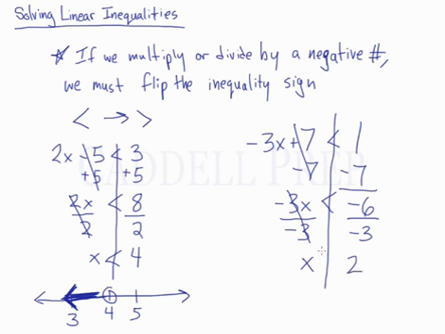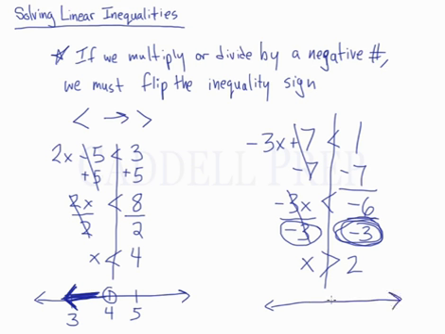And we have to flip this the other way, so we have x is greater than 2. Again, I just want to point out we had to flip this because we divided by a negative number. It doesn't matter that this is negative 6. Even if this were positive 6, we still have to flip it, because we're dividing by a negative number here.